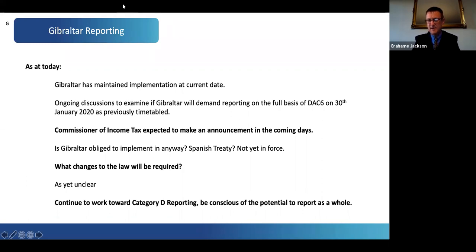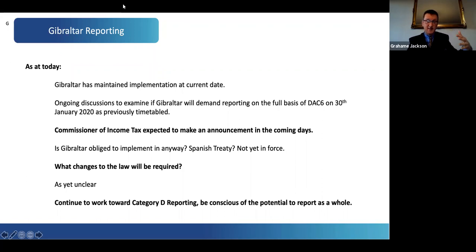So that then leaves us with some questions. As at today's date, the regulations are in. The Gibraltar intermediaries, if they have an EU nexus, have an obligation to report. But obviously, Gibraltar is no longer in the EU, and the rules in the Income Tax Act specify where an intermediary has an EU nexus. Now, we used to read Gibraltar in the word EU, and we used to read Gibraltar in the word member state, but there's been no amendment to this section of the Income Tax Act to take into account the fact that we're not in the EU anymore.